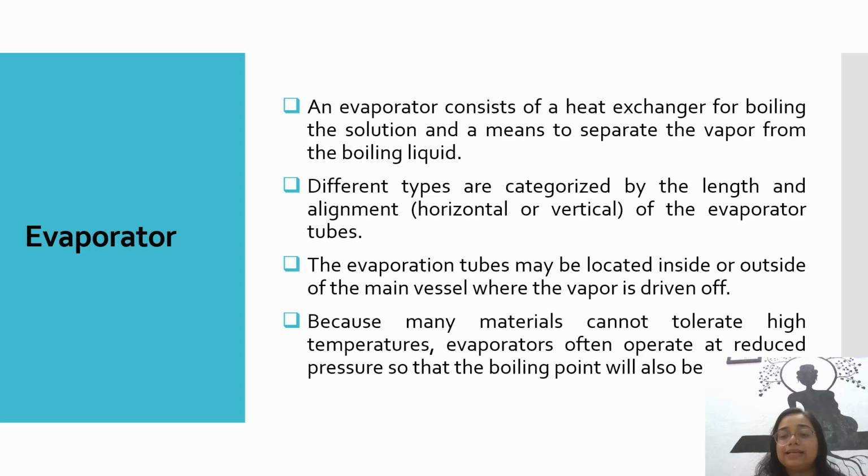So since sometimes the materials of evaporators cannot tolerate a very high temperature, in such a scenario we reduce the pressure within the evaporator. As a result, the boiling point of the liquid will start to decrease. So this is an important point which needs to be considered, which is generally followed in case of an evaporator.